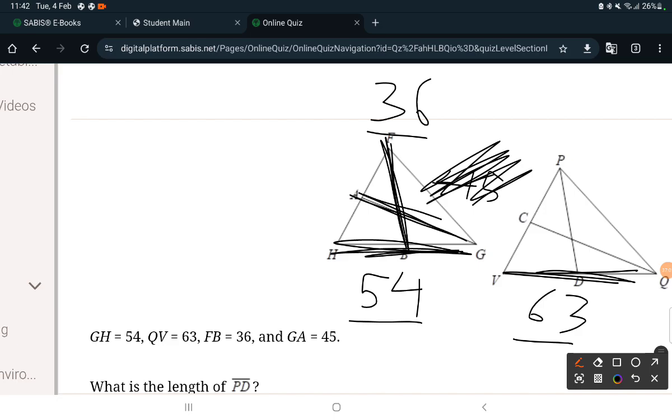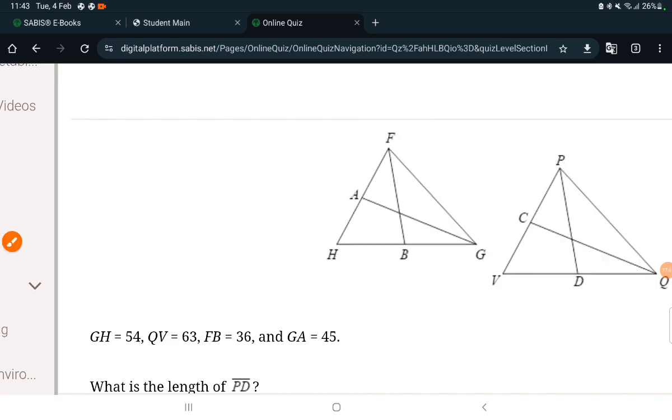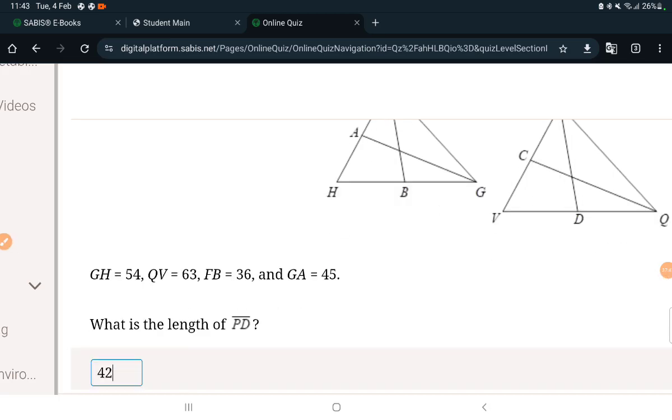Look, FB is similar to side PD. You could see that they look alike. When it's similar, they just look alike. Like GA would be similar to QC, you know why? Because they look alike. So we focus on 54 over 63 equals 36 over PD, and then you just simplify and cross multiply. So yeah, we got the answer is 42.